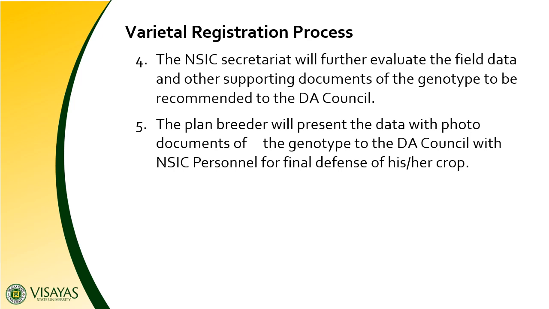If the DA Council and the NSEC personnel are satisfied with the plant breeder's claim, the variety will be given an NSEC name and will be released as a variety nationally or locally.